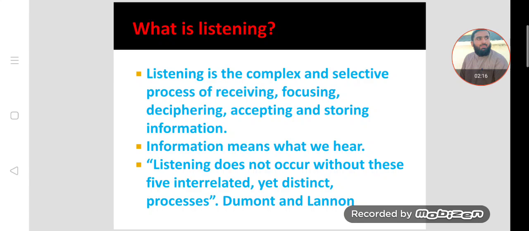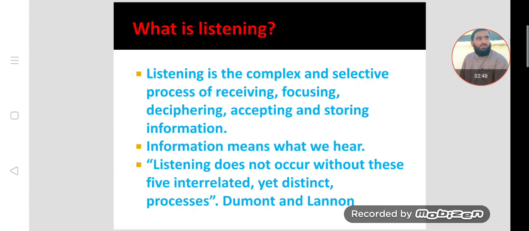Through listening, we are receiving information, we are focusing on information, on the activities or on concepts, we are deciphering information. Deciphering means to study something and try hard to know the meaning of something. Accepting information, and we are also storing information through listening.